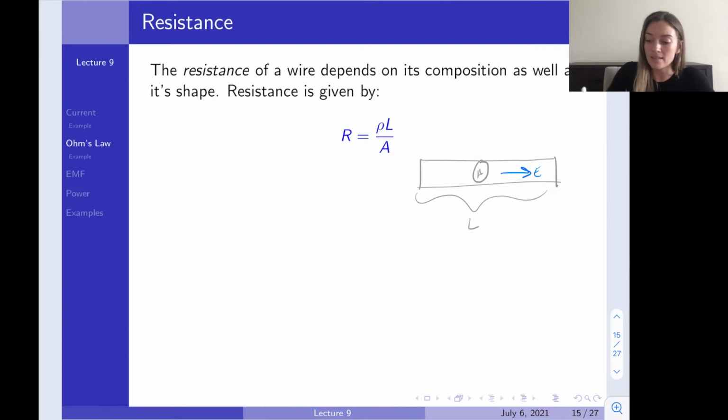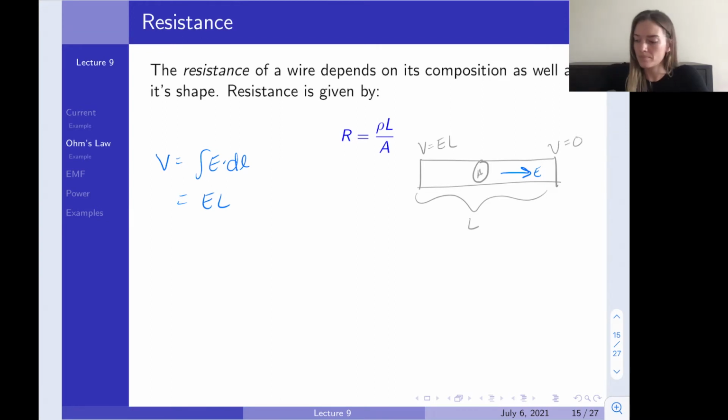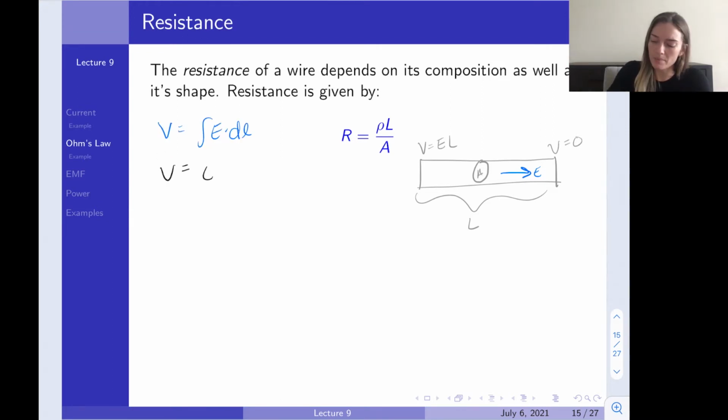For a constant electric field, the potential is just the integral of the electric field. If I'm just integrating a constant, it comes out to be E times the length. So the difference in potential between the two ends is just the electric field times the length. This end we'll say is at potential EL, and this end is at 0.